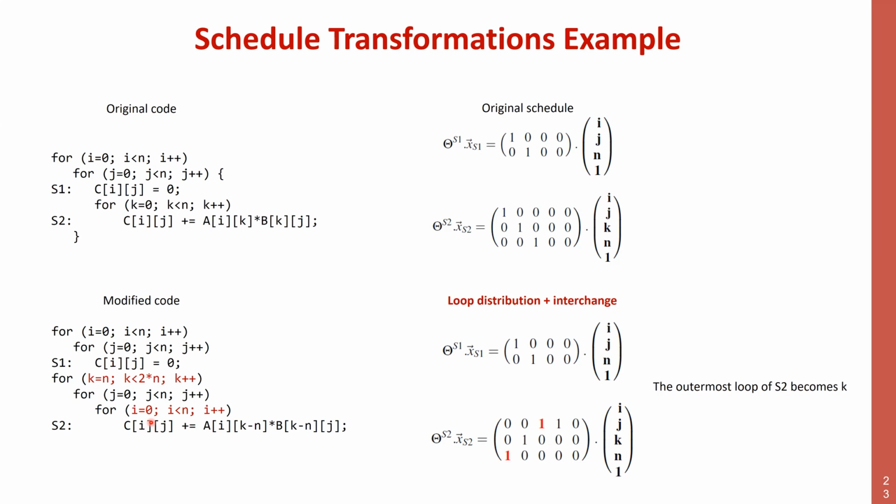They are kji instead of ijk. I'm not saying anything about whether it is useful or not. What is important is that by manipulating these matrices, I'm expressing changes to the code. I'm also not saying that they are legal, right?